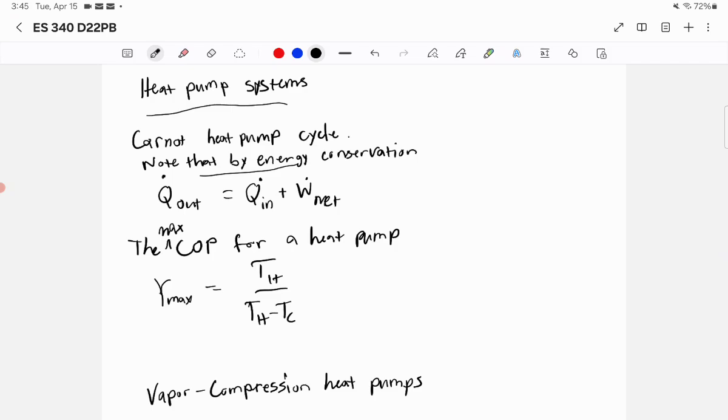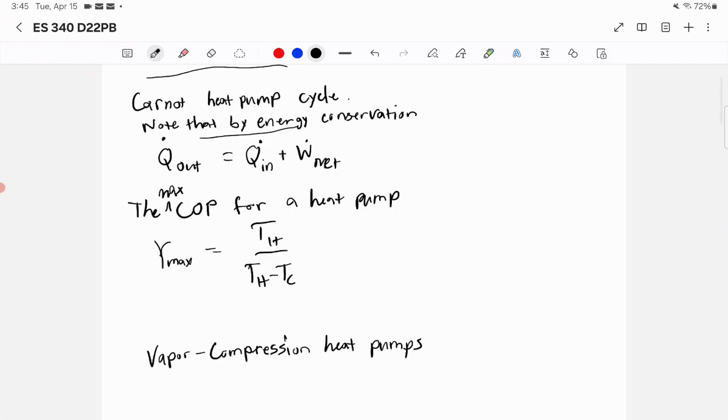In this case, again, we're ignoring KE and PE effects and things such as this.